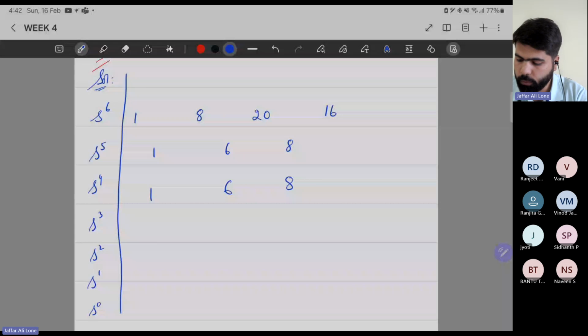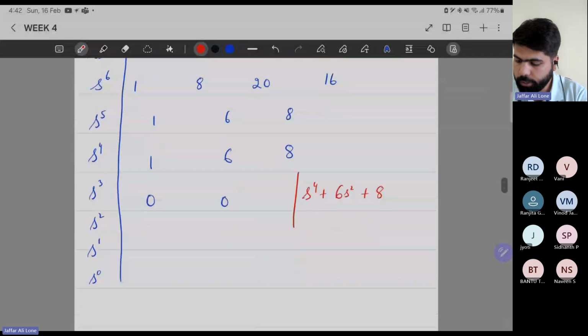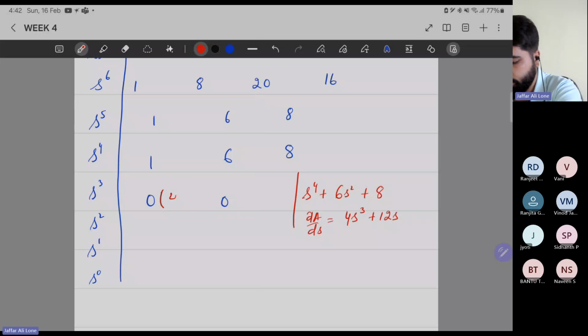By making auxiliary equation, which is S4, 6s squared plus 8. And its derivative is dA over ds. It is 4s cubed plus 12s. So this will be 4 and this will be 12.